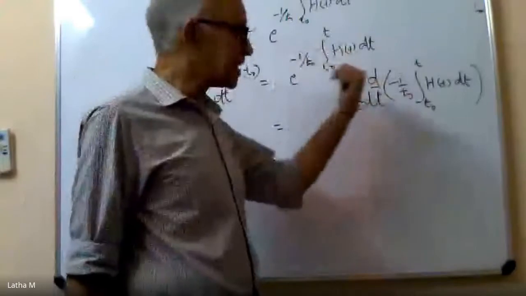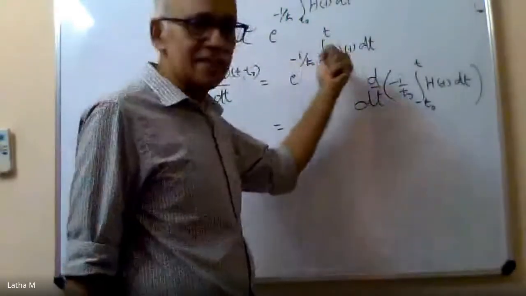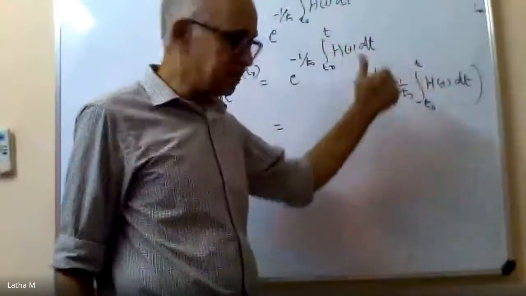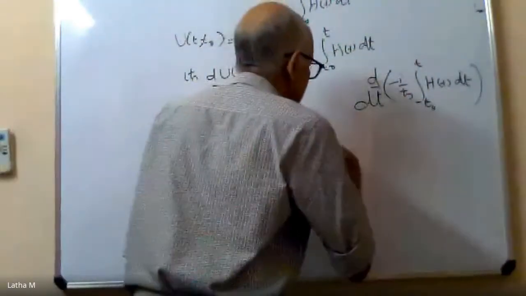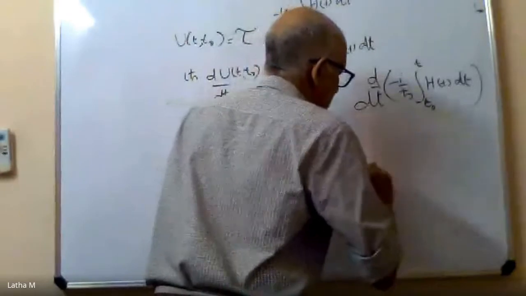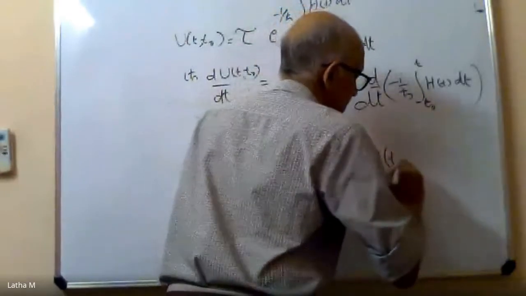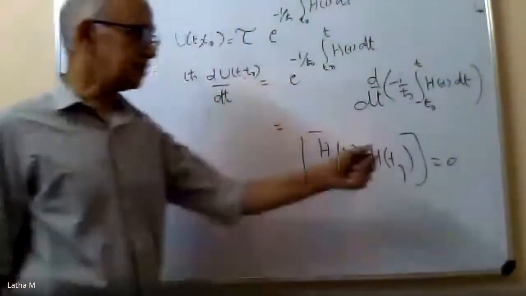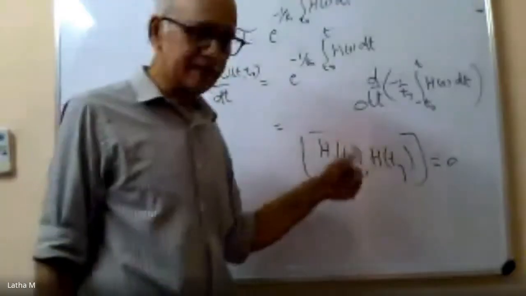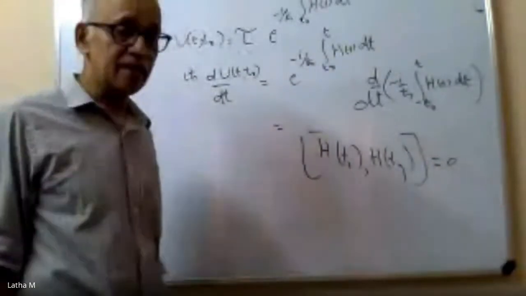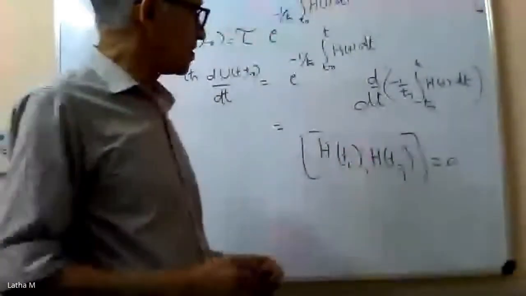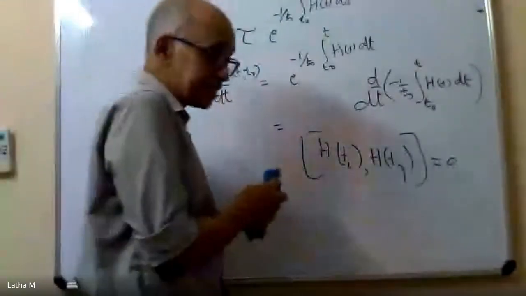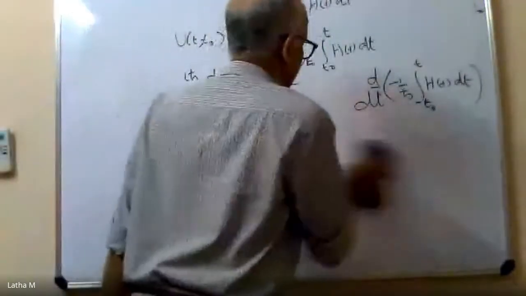For that I should assume that H at all times is commuting. That is, I should assume that the commutator of H(ti) and H(tj) equals 0. Then only can we put it on the left. That is, I should assume that Hamiltonians at different times are commuting. Otherwise it is not trivial to put it on the left side.